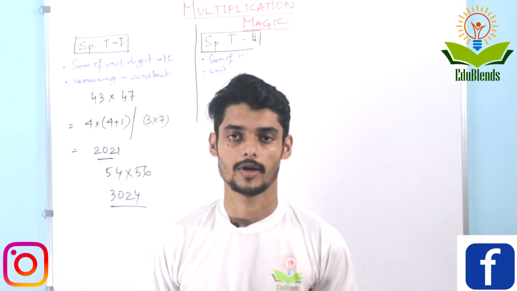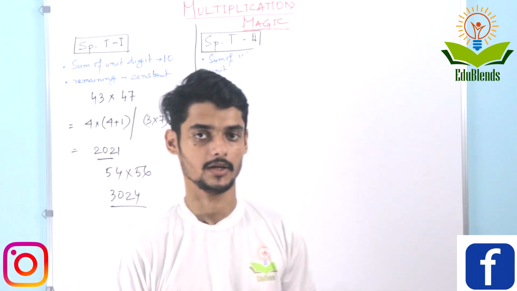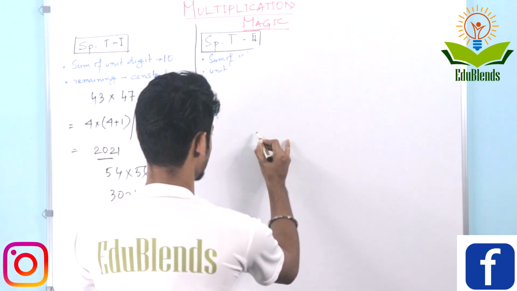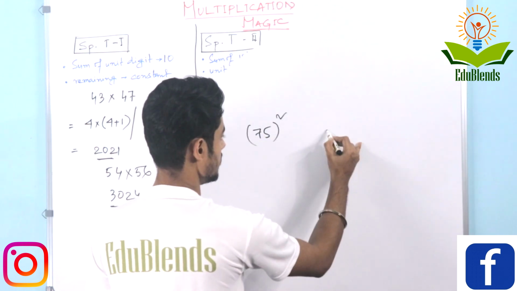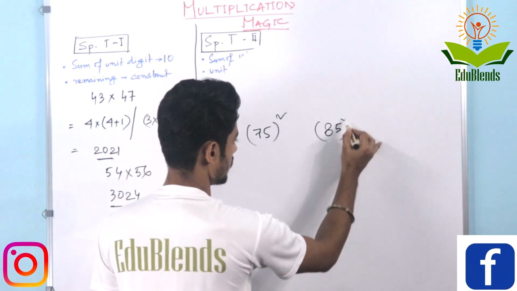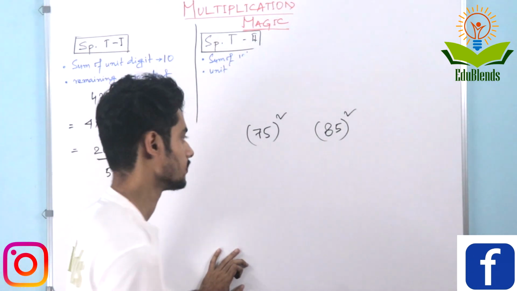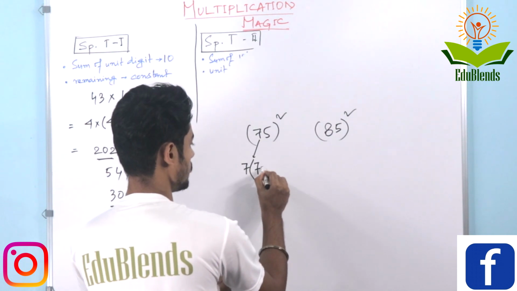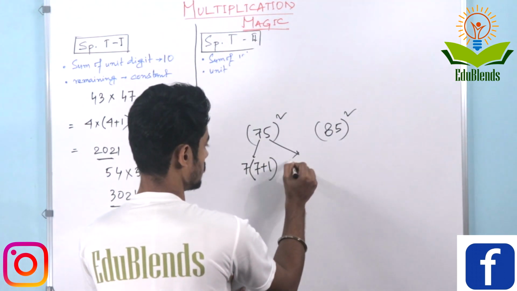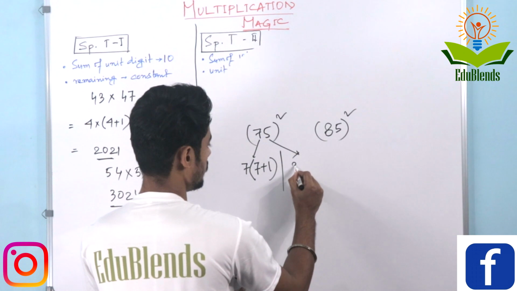Another case is the square of any number ending with 5, like 75 square or 85 square. What you need to do? You just need to write 7 into 7 plus 1, and you need to write 5 into 5.